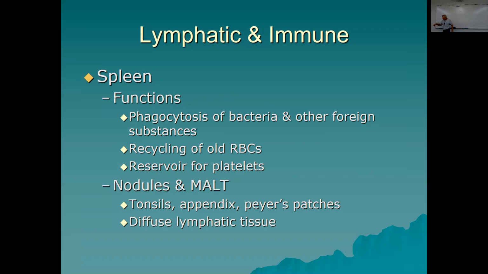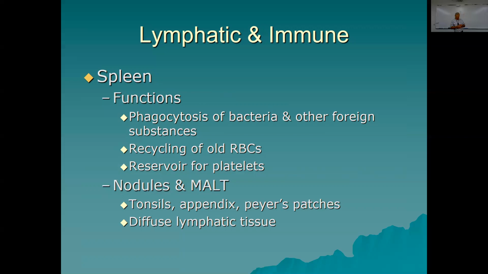Then there are the nodules and MALT. Tonsils and the appendix are really lymph nodules. They're like lymph nodes in a way, but they're not as well formed. It's diffuse lymphatic tissue. Some are what we call Peyer's patches, and MALT. You can think of the appendix and tonsils as nodules, but also as MALT, along with Peyer's patches lining the entire GI tract.